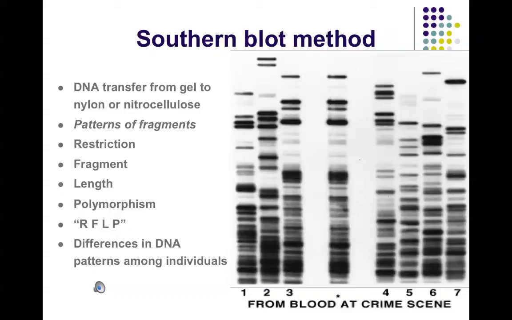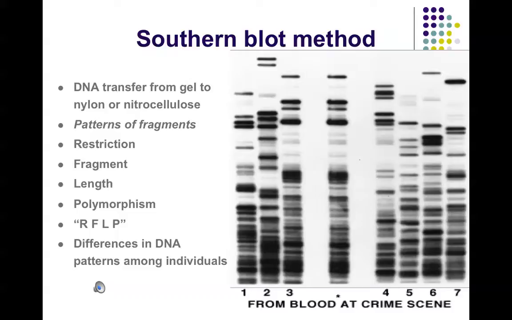Using a more stable matrix like nylon or nitrocellulose, Dr. Southern would press the gel to this thin piece of plastic, nylon, nitrocellulose, or cellulose acetate, and then, using an electric current, drive the fragments from the agarose onto the plastic.